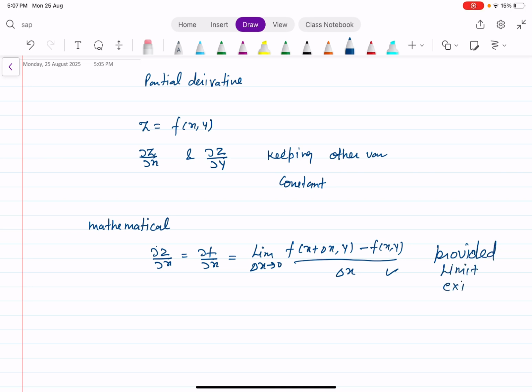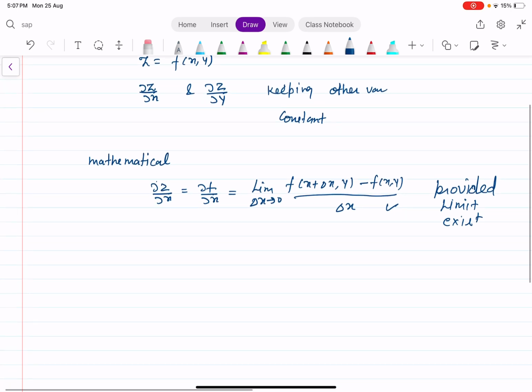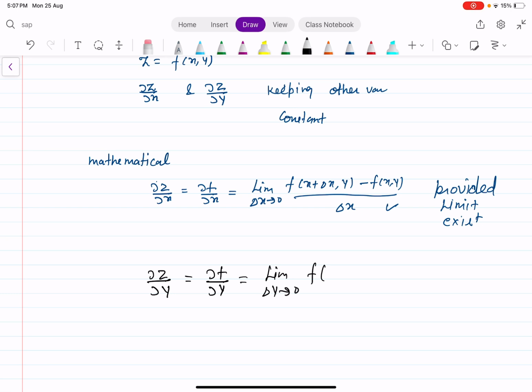Similarly, we can write the partial derivative with respect to y. Del f over del y means the rate of change of f with respect to y. That is, the limit as delta y tends to 0, where x is constant and y is varying, of f(x, y plus delta y) minus f(x, y), upon delta y.